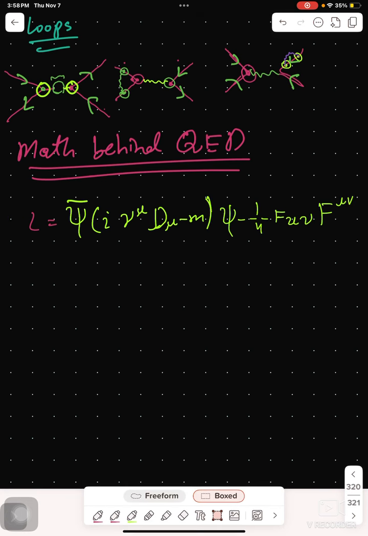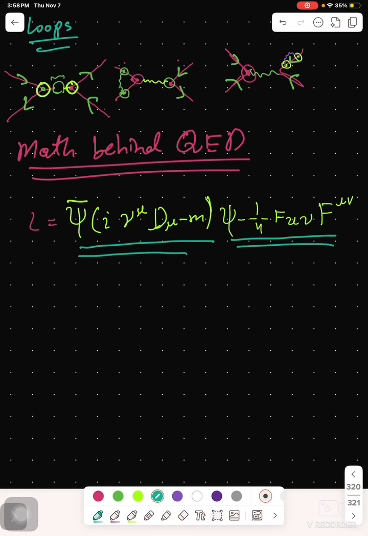The focus here is that there are two parts to this equation. This is the first part, this is the second part. In the first part, this term has information on how the fermion interacts with the photon.